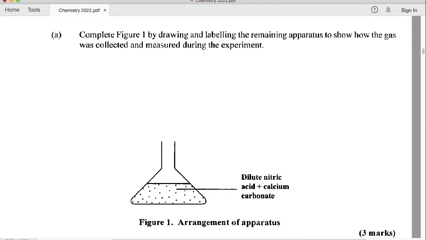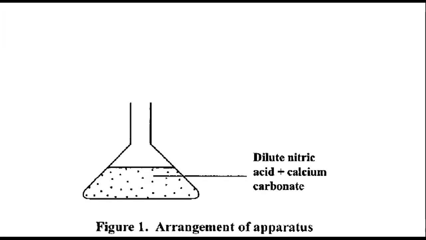Complete figure 1 by drawing and labeling the remaining apparatus to show how the gas was collected and measured. All right, so we're going to be drawing what's missing from this apparatus that's here, and this is going to show how the gas was collected and measured. Very important word there, collected and measured.